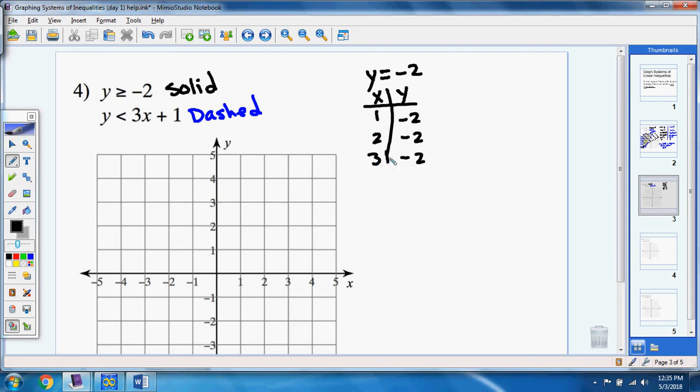All right, go ahead and graph that really quick. So I would go right 1, down 2, right 2, down 2. It's going to give me a nice, solid, horizontal line.